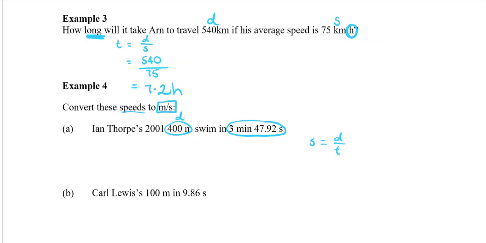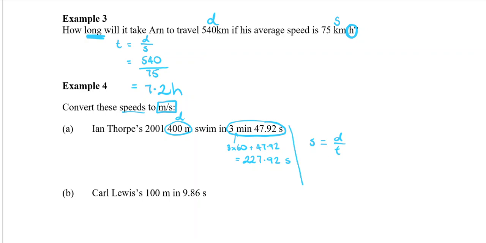So the minutes. For the 3 minutes, there is 60 seconds in each minute. So you go 3 times 60 would be how many seconds are there, but then you'd also add on the 47.92 seconds. So in total, that's 227.92 seconds that it takes him to swim this thing.